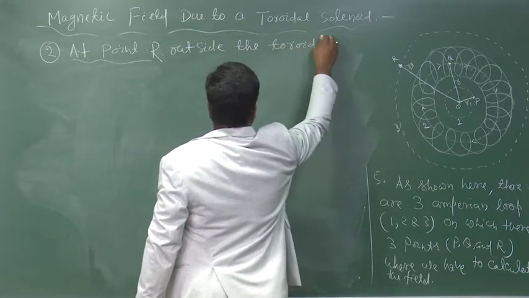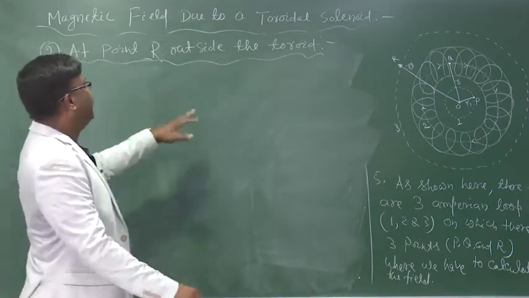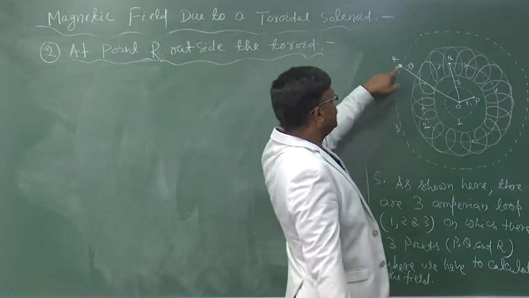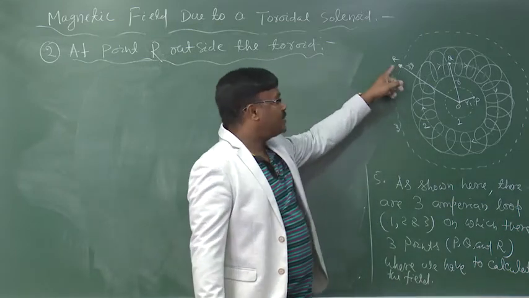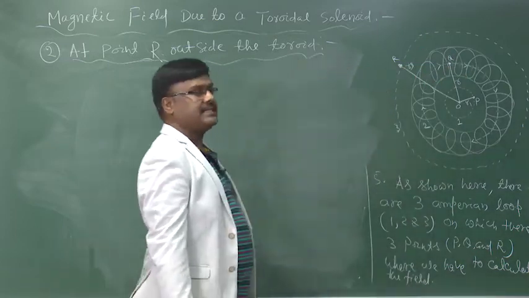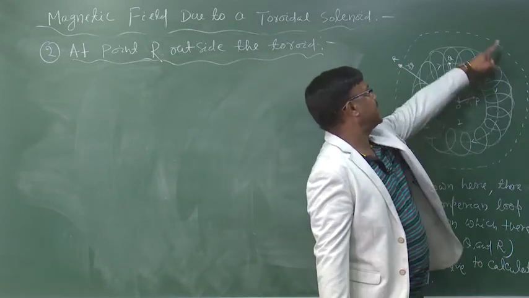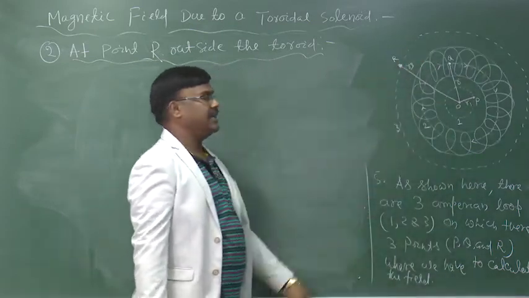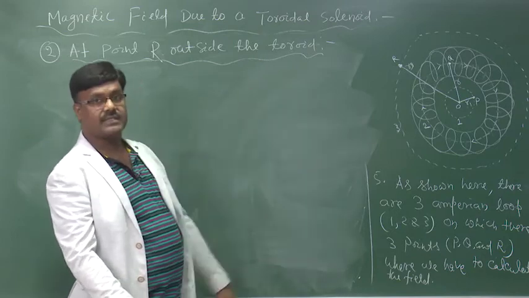Now, we have to find the magnitude of the field strength at the point R which lies outside the toroid. In this case, if we consider the point R on the Amperian circle as shown by the dotted line 3, every turn will pass twice.